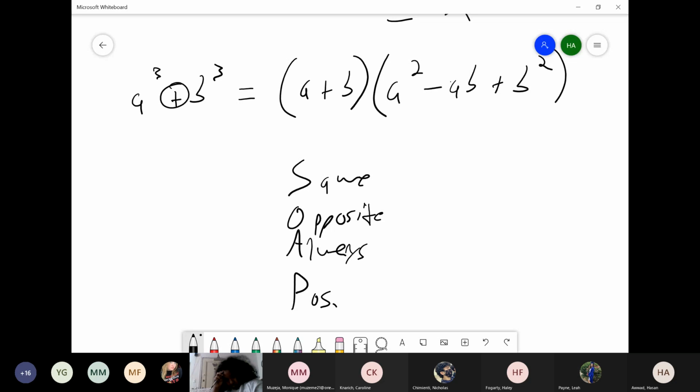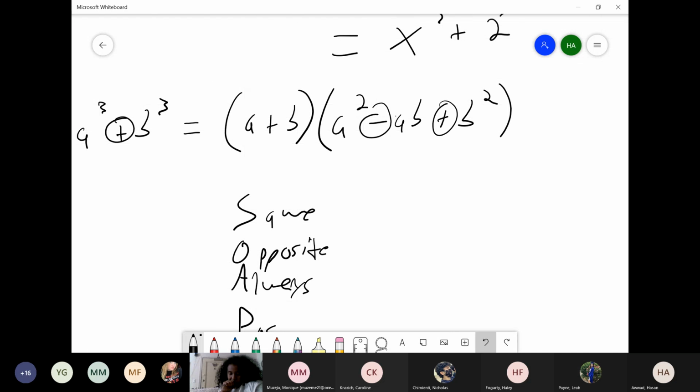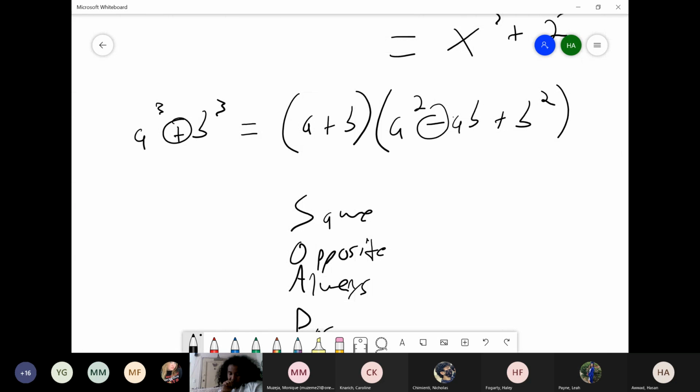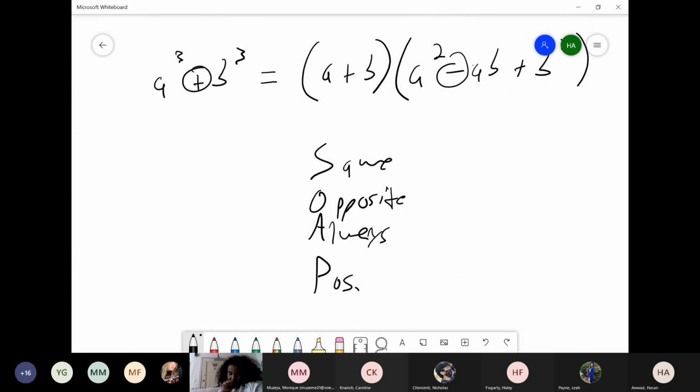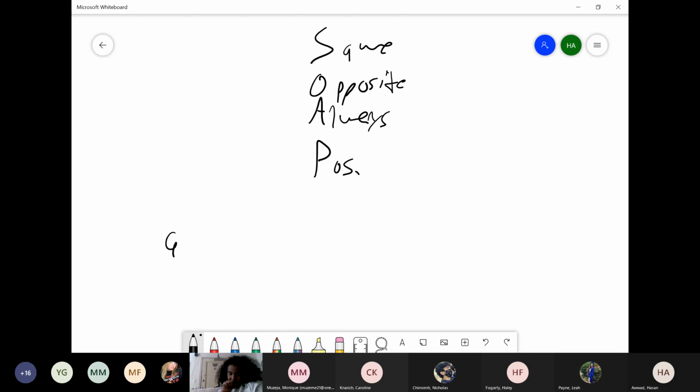The next set is going to be opposite, so where we have this ab, notice we're going to have this negative between. And the last term, this b squared, is always going to be positive. Now, similarly, the difference of cubes. Again, where it gets its name, we have 2 cubes.